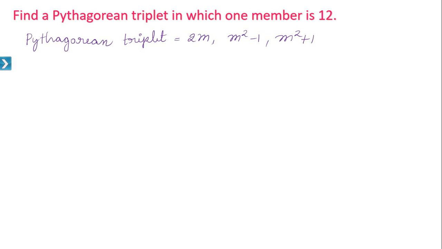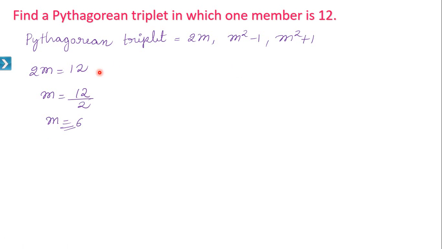Here in this Pythagorean triplet, one of the numbers is 12. So, let us take 2m is equal to 12, then what is m? m is equal to 12 by 2, that is m is equal to 6. We got the value of m, that is 6.